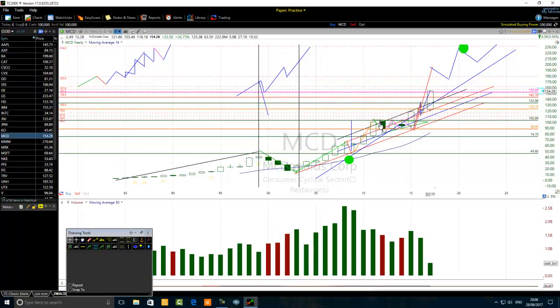But the third minor wave is also subdivided into 5. 1, 2, 3, 4, 5. That's the third minor wave of the third wave itself. From here all the way up here, that's the third minor wave.